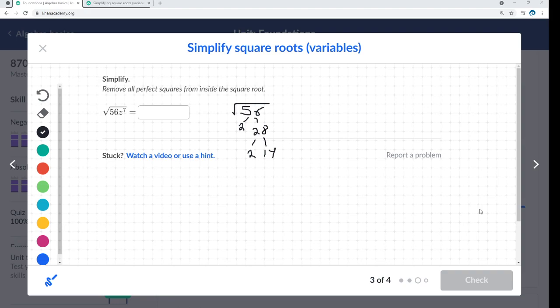Divided by 2 is 7. So 2 and 7. So what we have now is 2 to the third times 7 times z to the 7th.